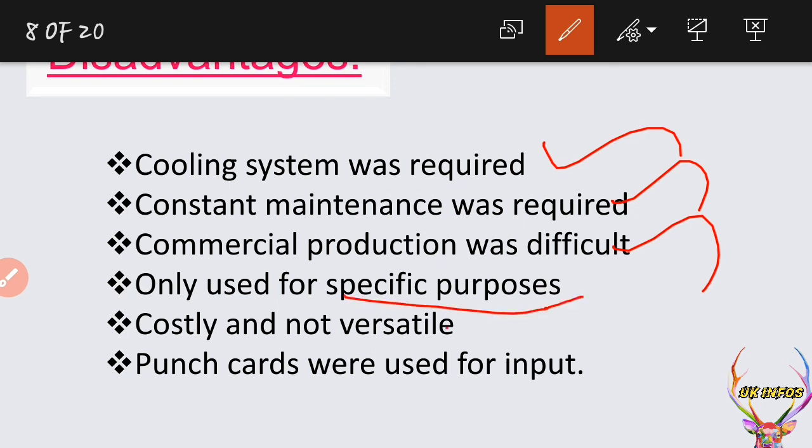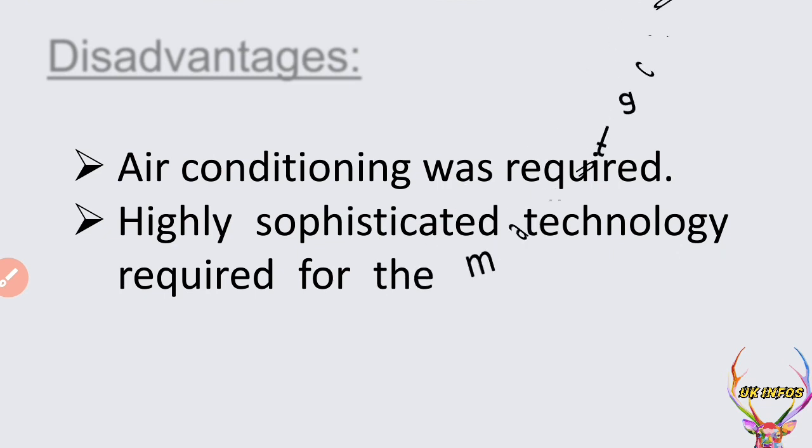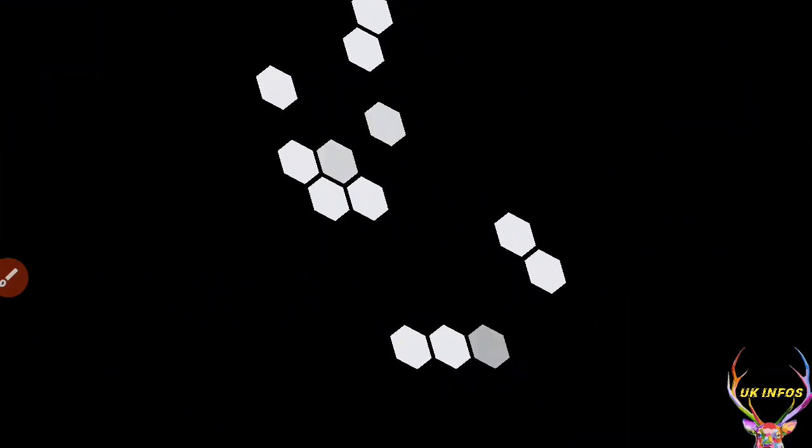Costly and not versatile. Punch cards were used for input, as in the first generation, and printouts were used for output here also. Air conditioning was required. Highly sophisticated technology was required for the manufacturing of IC chips. IC means integrated circuits.